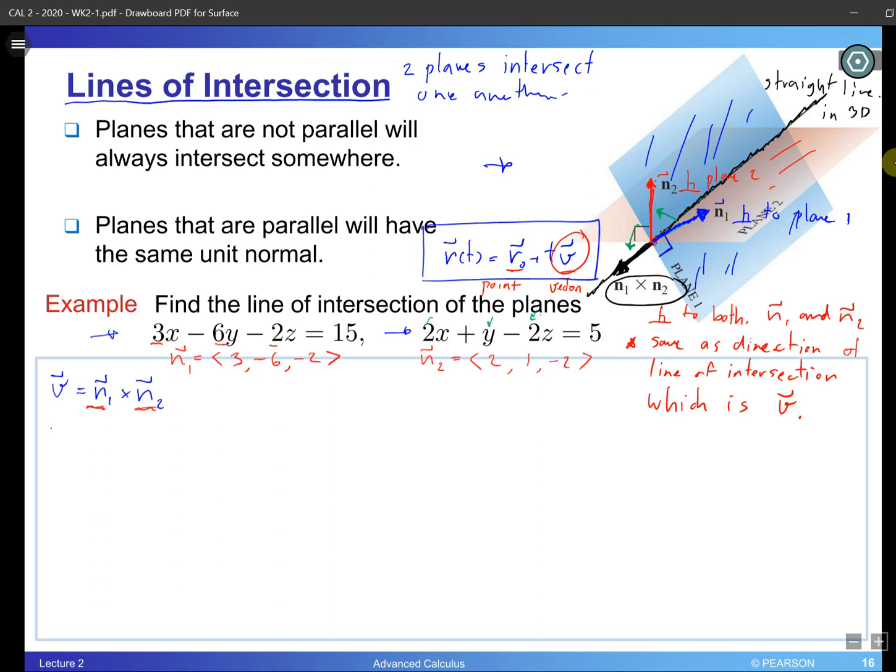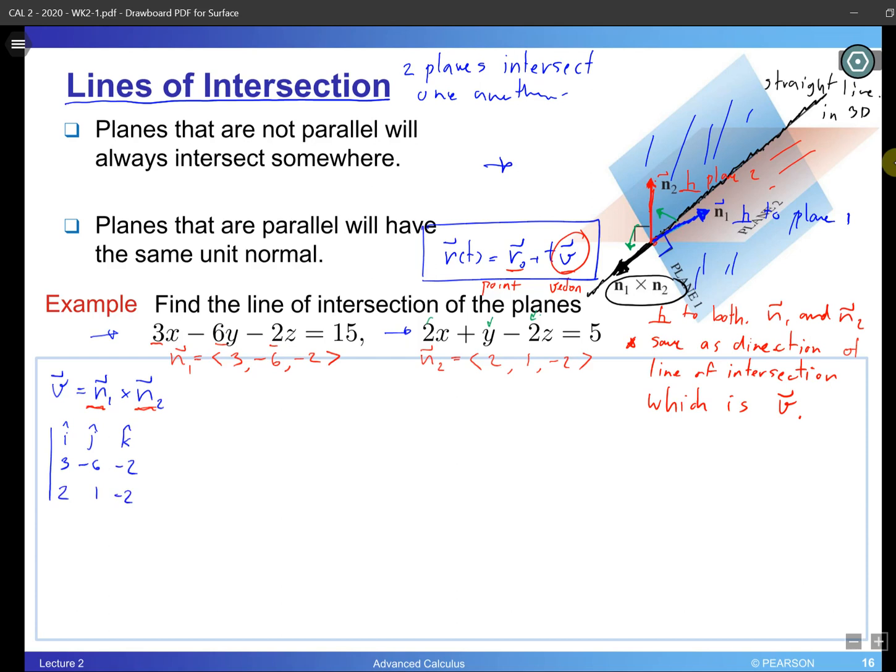So let's do the cross product. We have i, j, k again. Components of n1, we have 3, minus 6, minus 2. Components for n2, we have 2, 1, and minus 2.